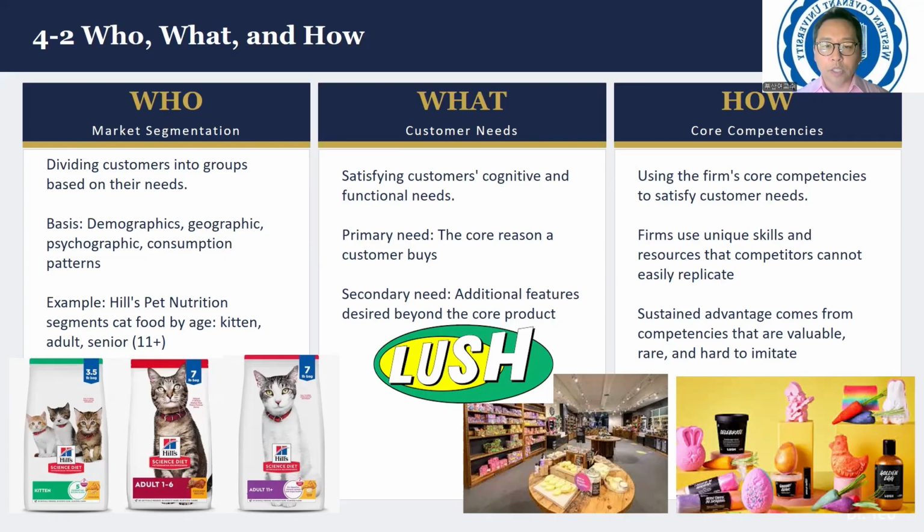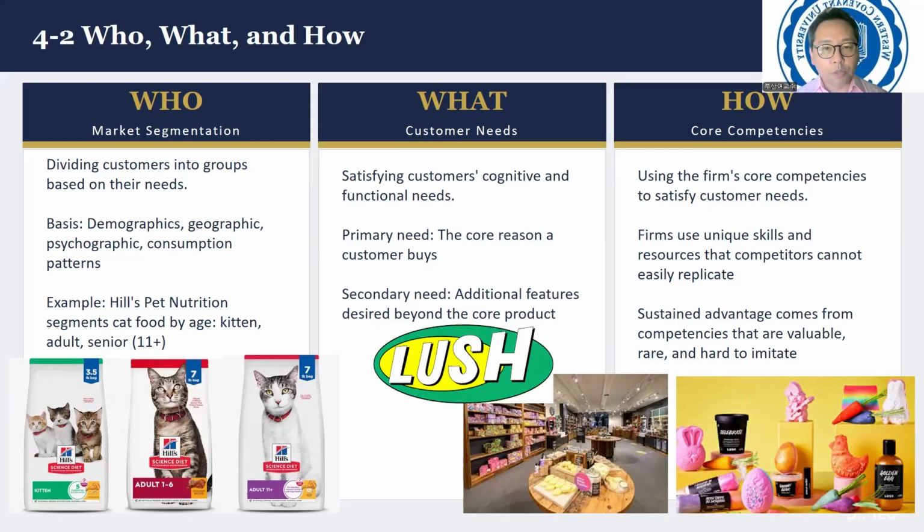Lush also meets the needs of environmentally conscious customers through minimal packaging. Like these soaps, they're selling them without a fancy package. They just wrap them in paper. So these match the consumer's need of environmental protection.